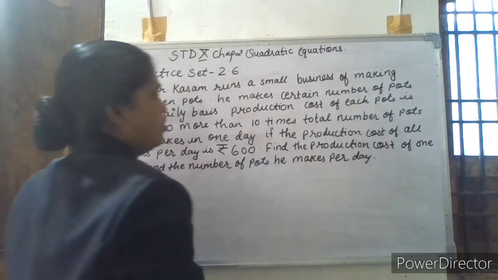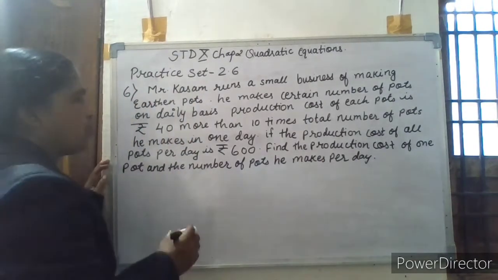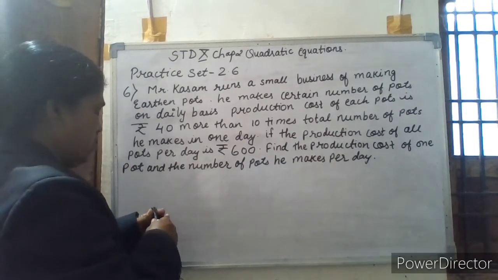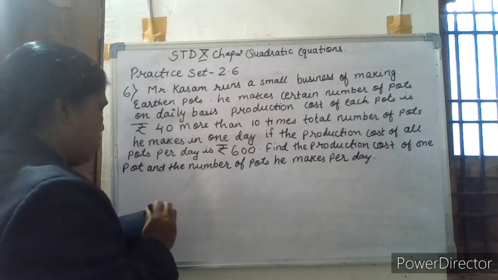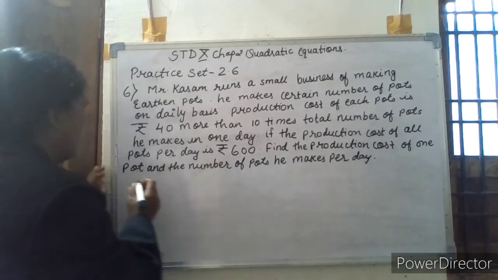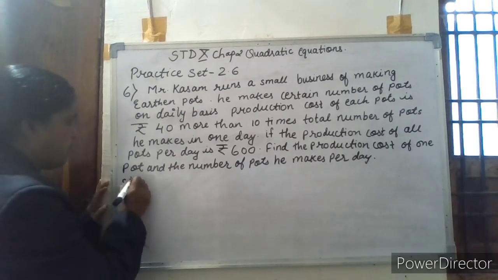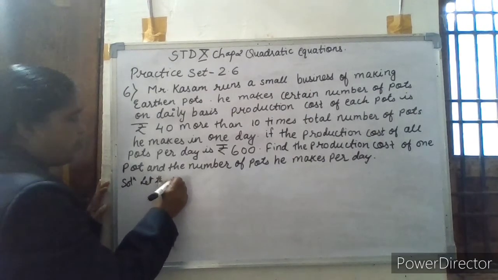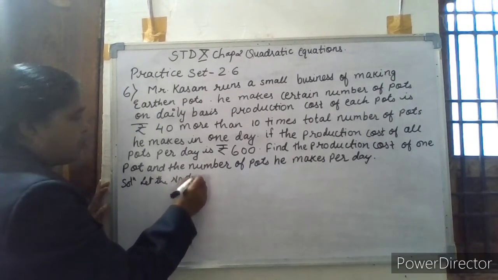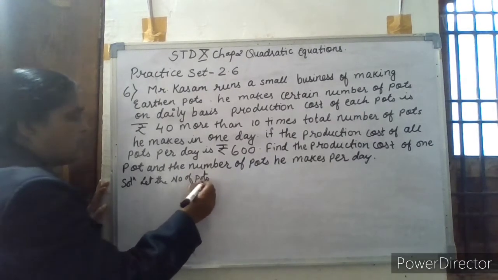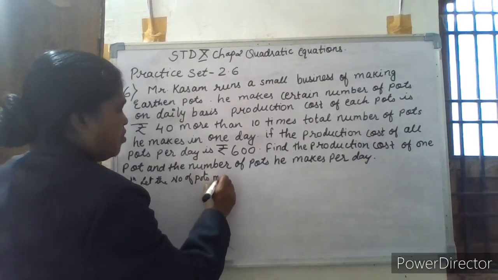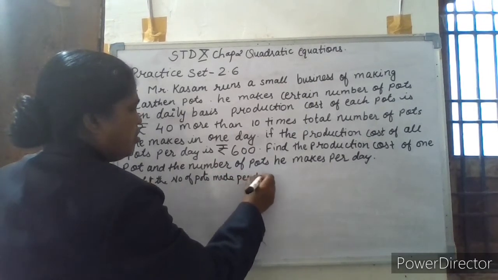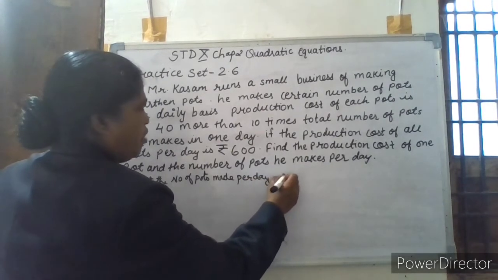So let the number of pots made per day be equal to x pots.